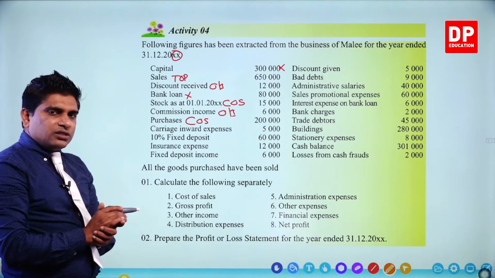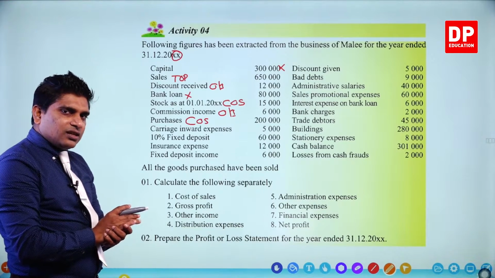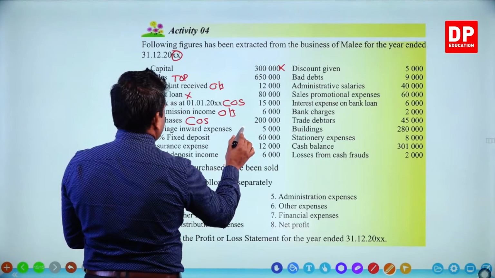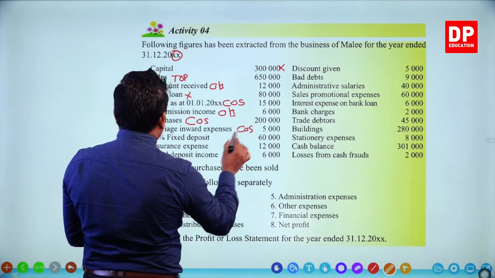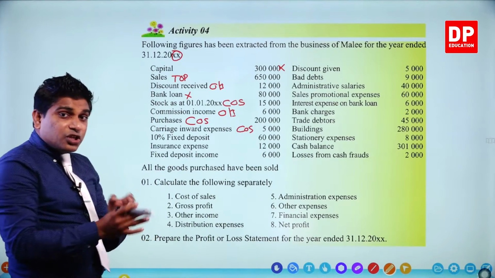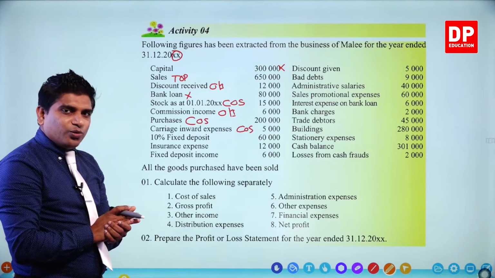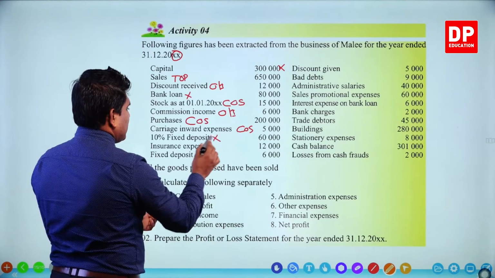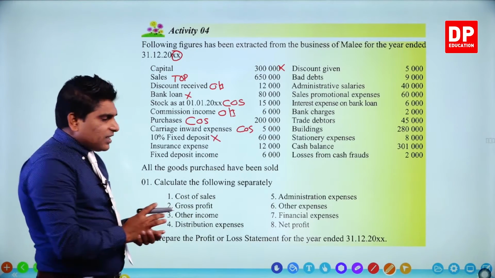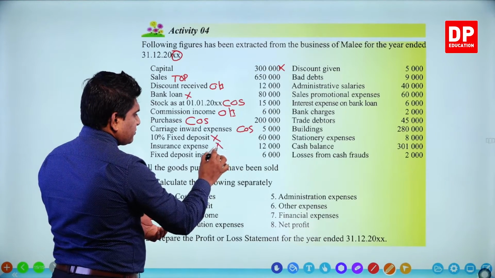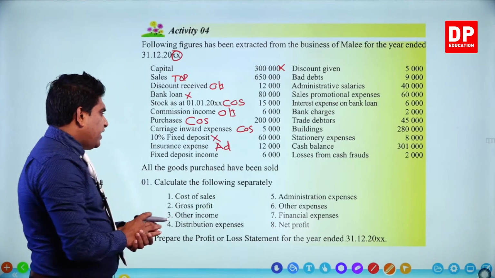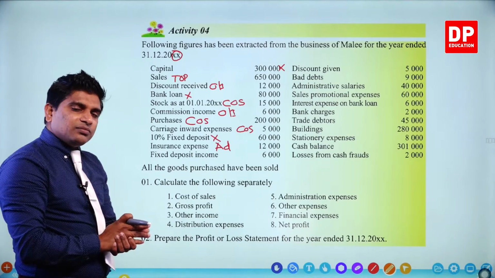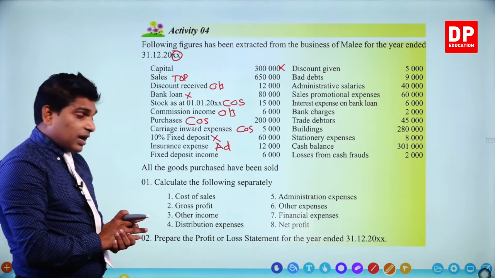Carriage inwards we add to the purchase, so it goes to cost of sales. Fixed deposit, do you take? No, it's an asset, we don't take. Insurance expense, administration. Fixed deposit income, other income.